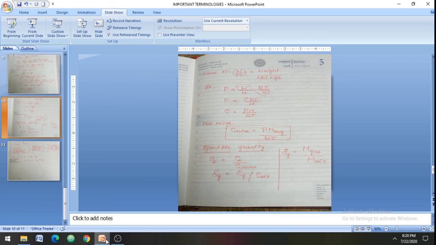Rho is the symbol of density. So P is rho RT by capital M. Finally, rho is equal to PM divided by RT. For a mixture, rho mix is equal to P M average divided by RT. This is the density of the gas mixture.